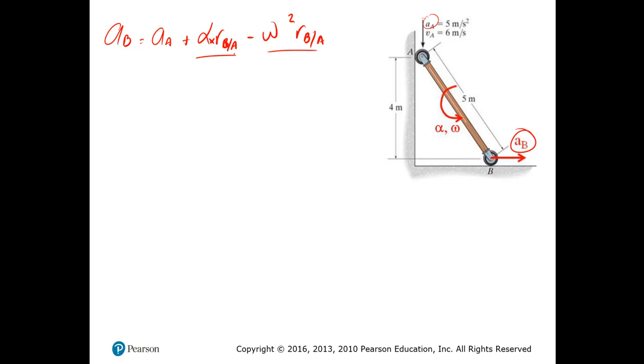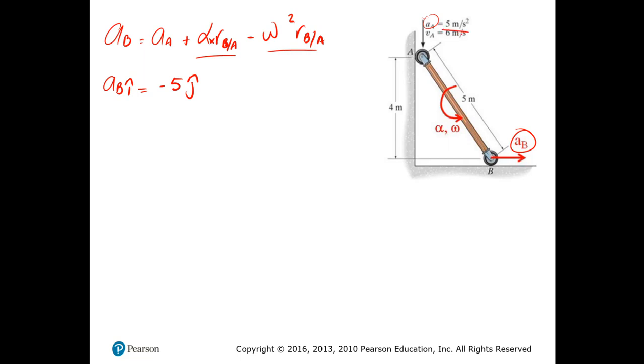So what I need to do is start plugging in the values. Acceleration in B, which is what you're looking for. They're telling you the direction of B. In this case, I will say that a_B is going in the i direction, and then a_A is giving us a negative value, minus 5j, right?